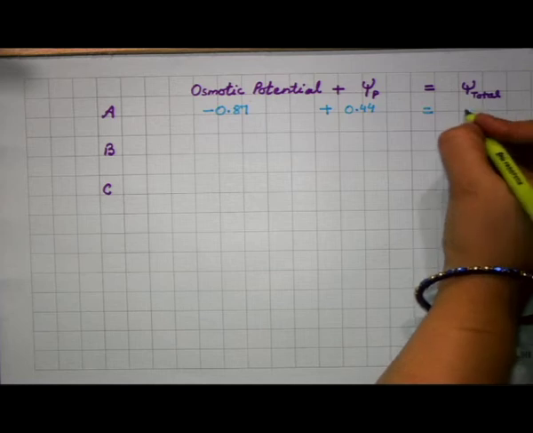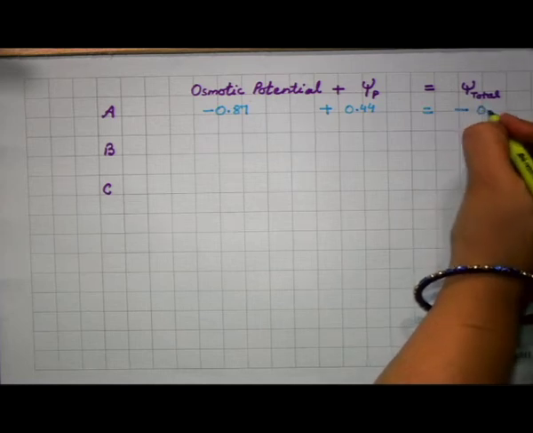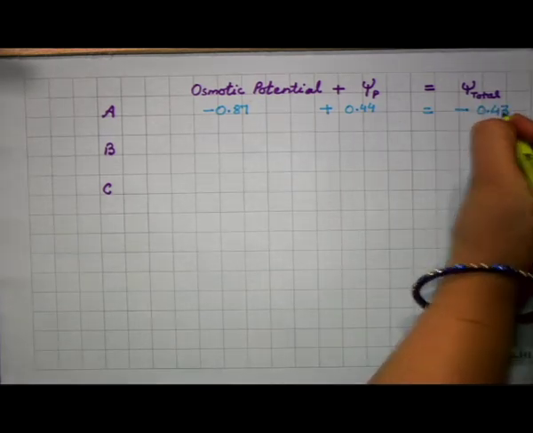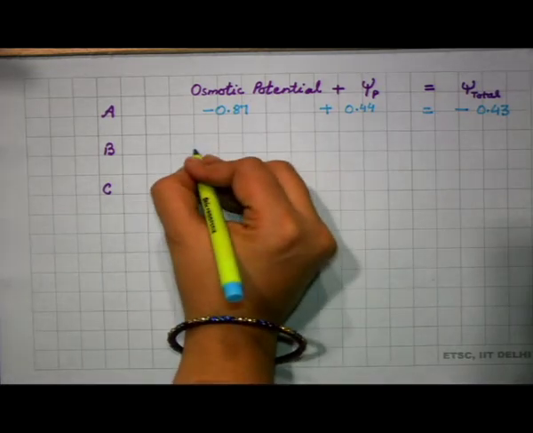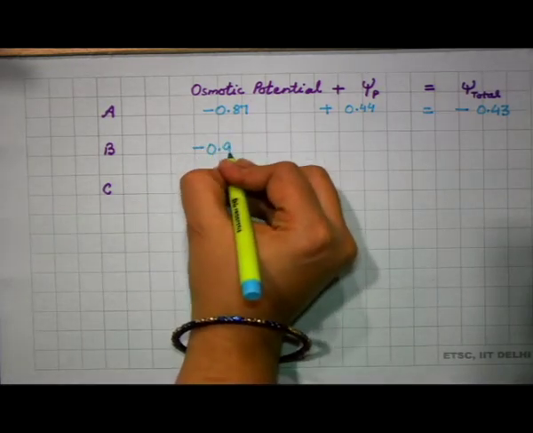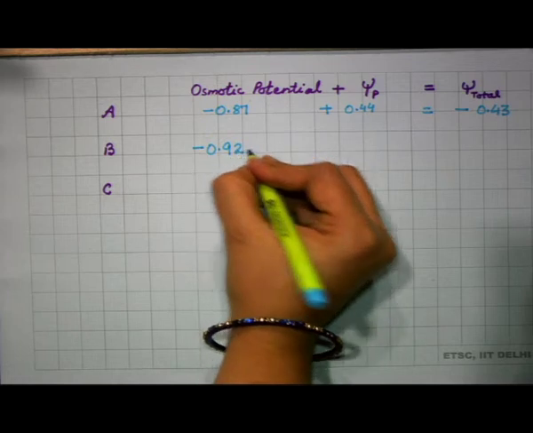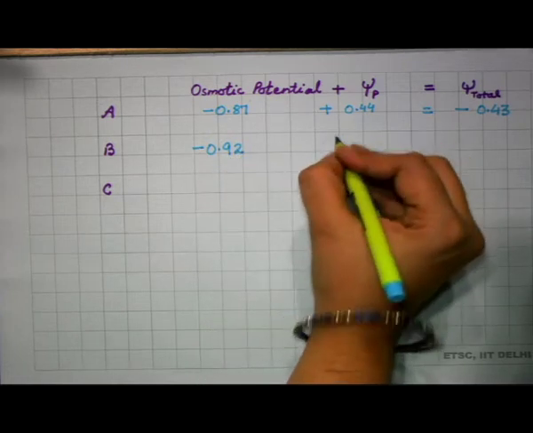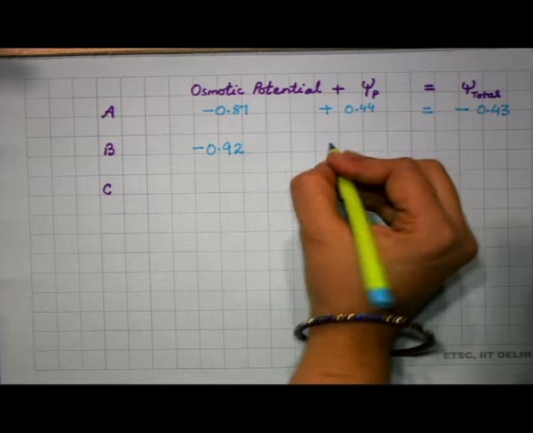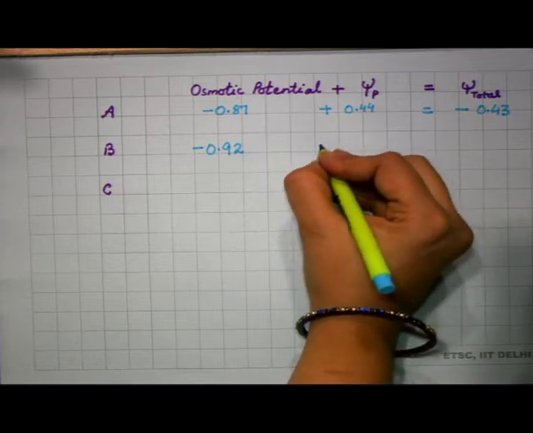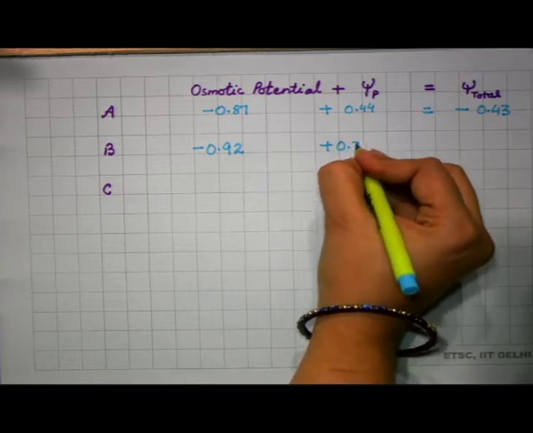When we add them, we get a negative value of 0.43. Then for the next case, for cell B, osmotic potential is minus 0.92 and pressure potential is positive 0.34.